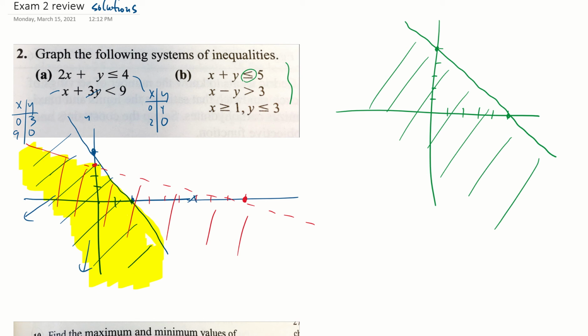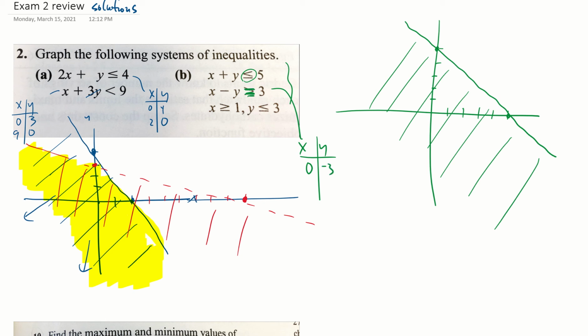x minus y is greater than 3. If x is 0, I'll have 0 minus y is greater than 3. If I divide by negative 1, don't forget it switches direction, although I'm not really looking at that. Sorry about that, forget that. For here, let's just do x and y. If x is 0, remember I'm assuming they're equal, y is negative 3.